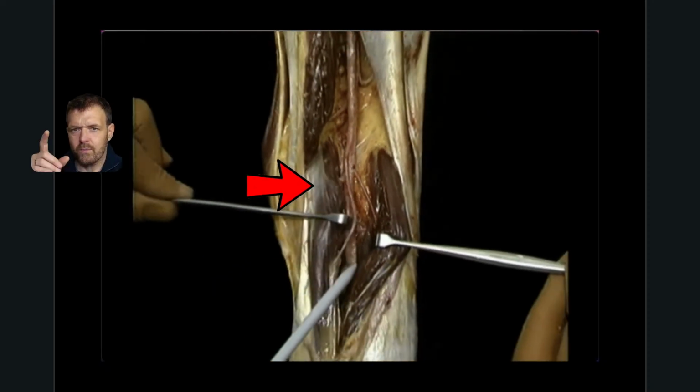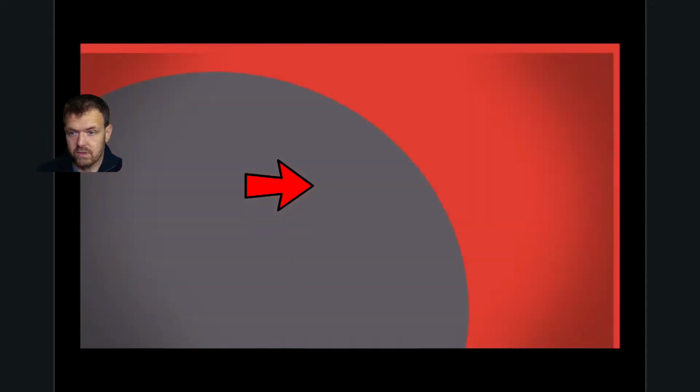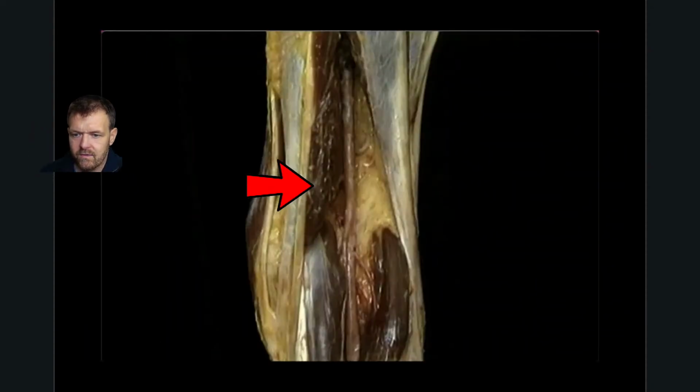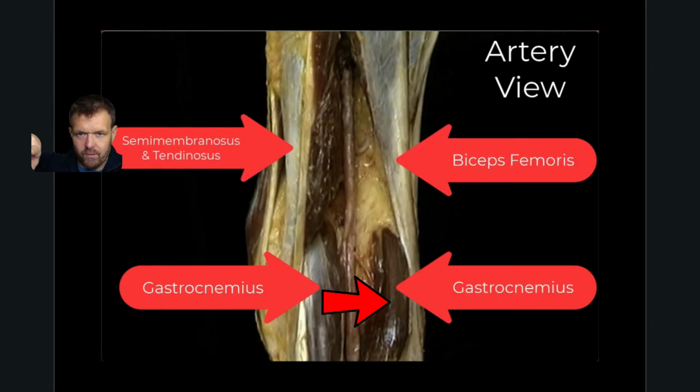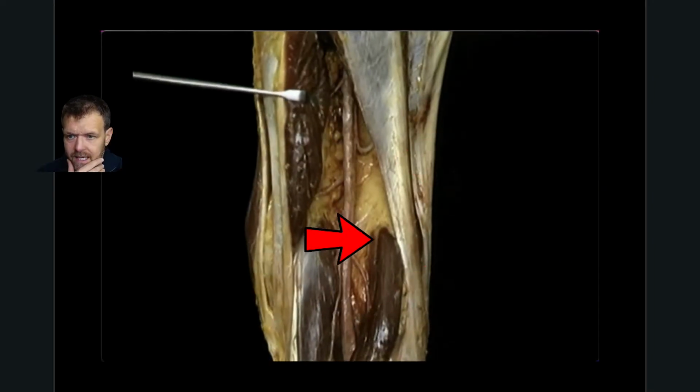So the sural arteries will supply the top of the gastrocnemius. So we can see those like popping through here, supplying that muscle. But the genicular ones will wrap around and join up with the anterior vessels to form that anastomosis all around the patella. So let's have a look at that again.